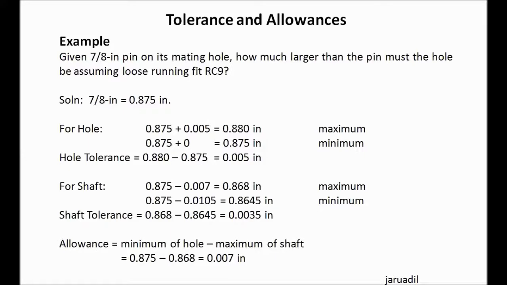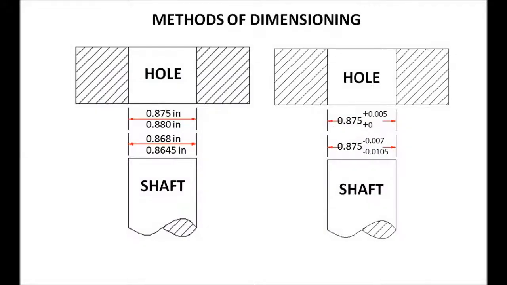Yun ang allowance. So the methods of dimensioning, ito, application nito sa, kung maglalagay ka na sa drawing mo ng dimension, ganito dapat. May dalawang paraan, pwedeng ganito, pwedeng ganyan. So, yung hole natin is 0.875. Okay. Ibig sabihin nito, ito yung minimum na dimension ng hole, 0.875, at yung maximum niya, 0.880.